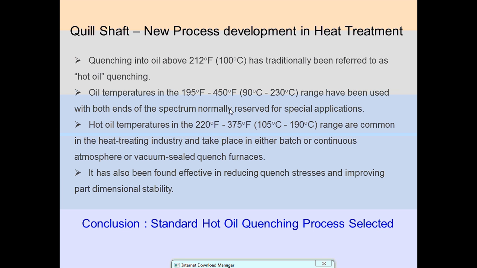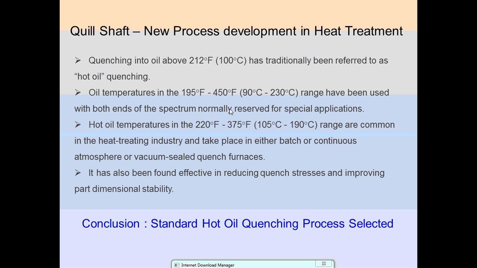The temperature should be between 105 and 190 degrees Celsius. If the temperature goes higher, then definitely the shrinkage in the material will be more, and variation also occurs. If variation occurs, we are not able to match perfectly.